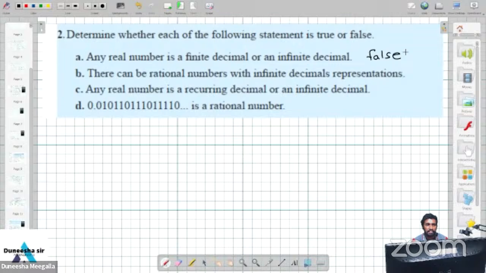Can you write down these statements? Can you write these statements down? And after, we can discuss it and write down true or false.